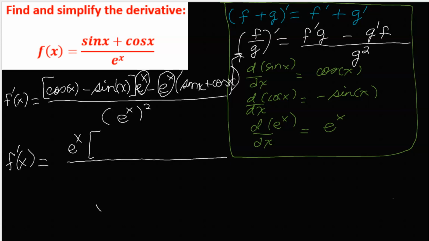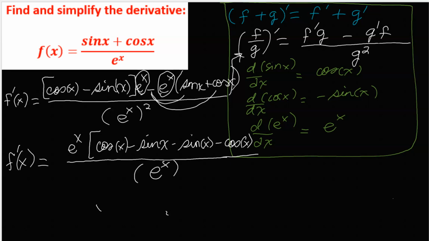We have left cosine of x minus sine of x minus sine of x minus cosine of x. That's on the numerator, and on the denominator I have e to the x squared.